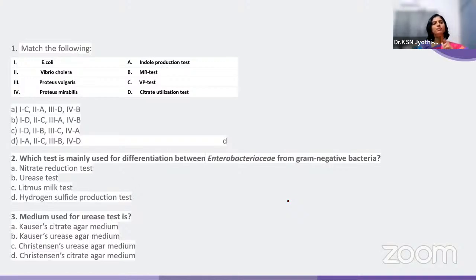Now, this kind of question can also come where I said you will have match the following. Now, the type of organism name is given and which tests. So, you should very clearly know gram-negative bacteria, E. coli, which test is positive. Remember, we said you should be able to identify which bacteria is MR positive, VP minus, indole positive, citrate positive.